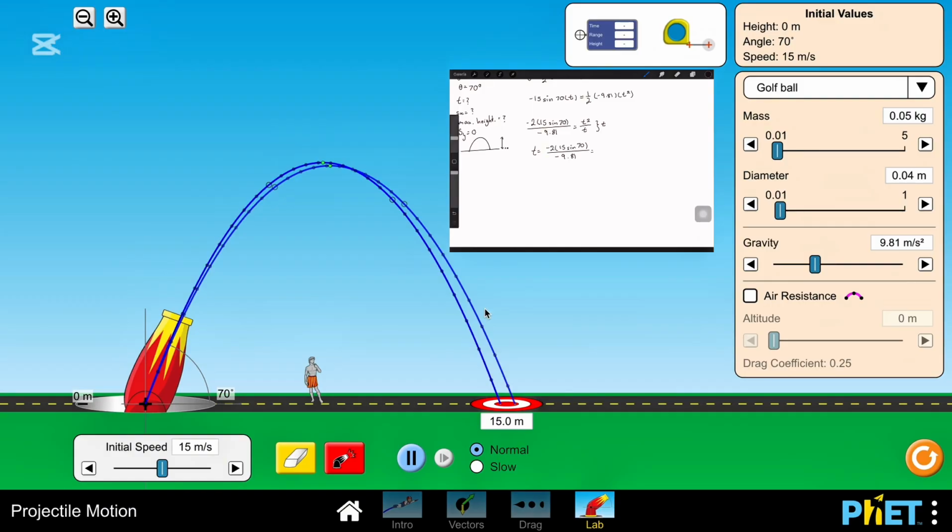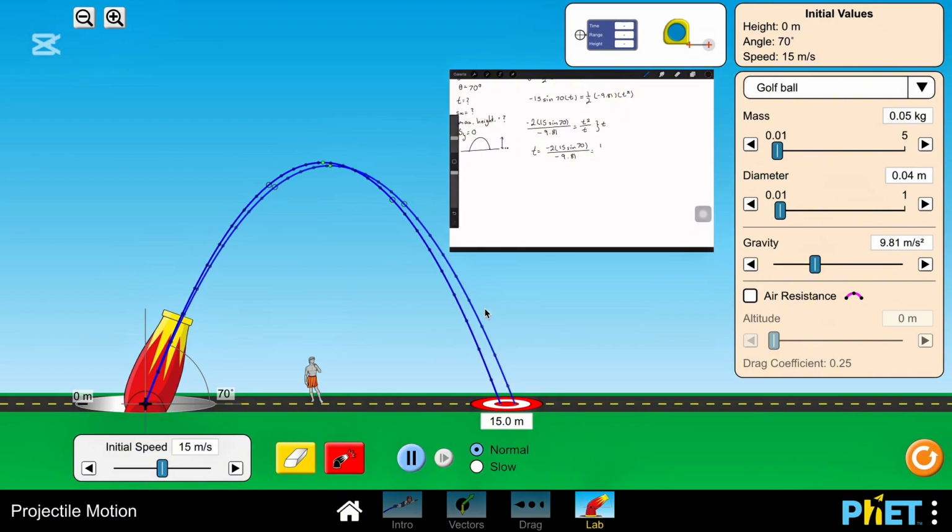So now we go to our calculator. We type 15 sine of 70, and that is equal to 14.09538, and so on. And this one is times 2, okay?